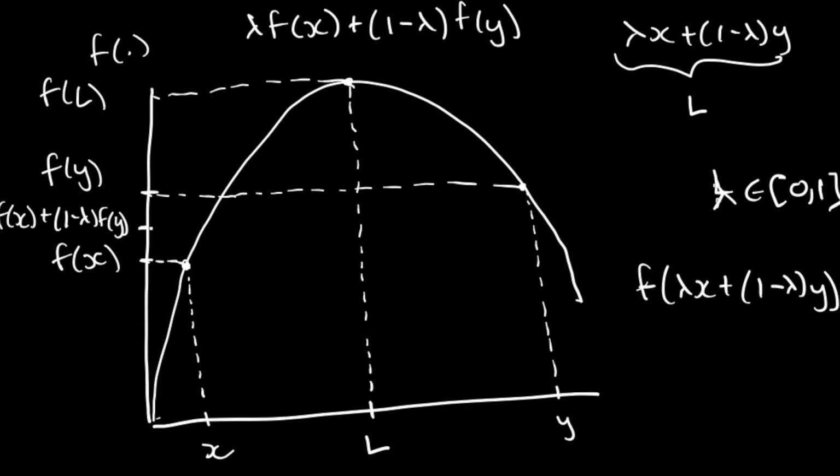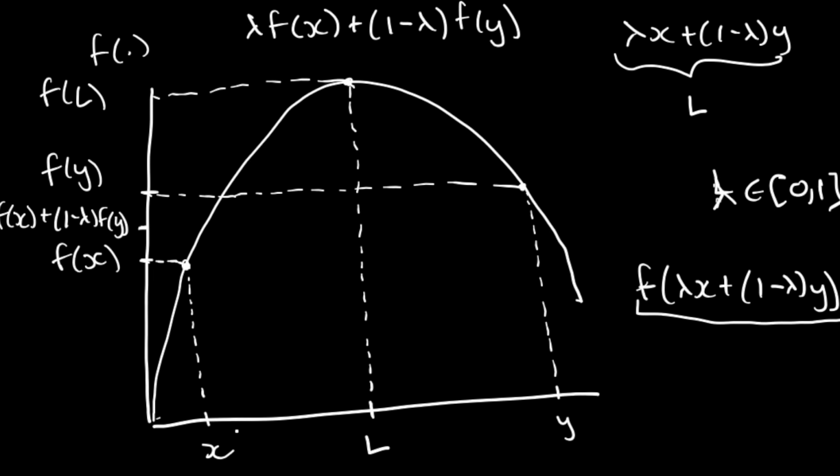So now we have 2 key things that you guys are going to need to understand in order to know what we mean by, say, a concave function, which would then lead us to a convex function. We've got the function of the linear combinations, f of L, which is this here, and we've got the linear combination of the functions, which is going to be in between the 2 functions.